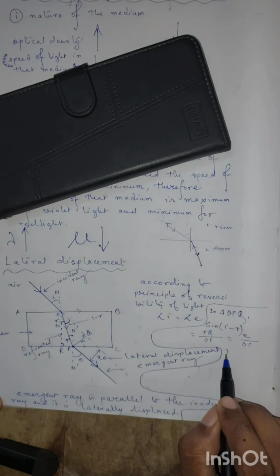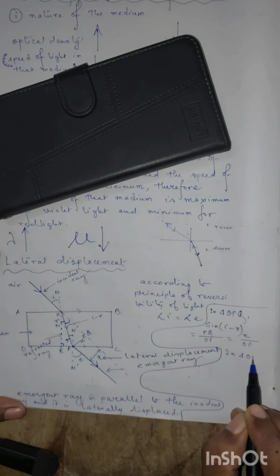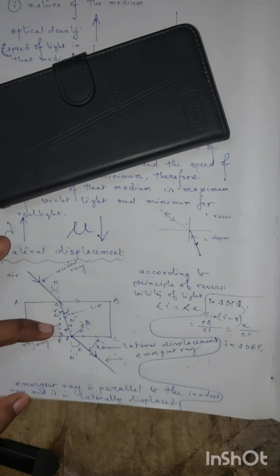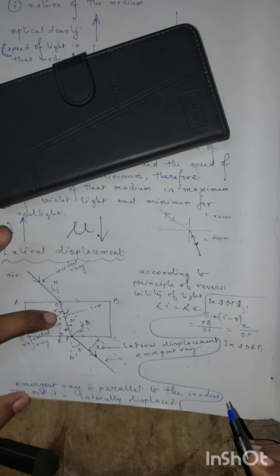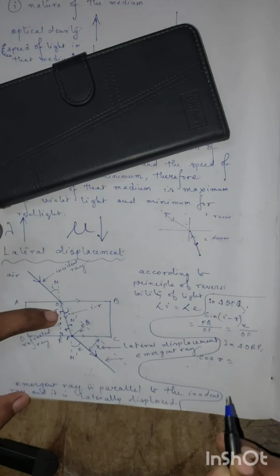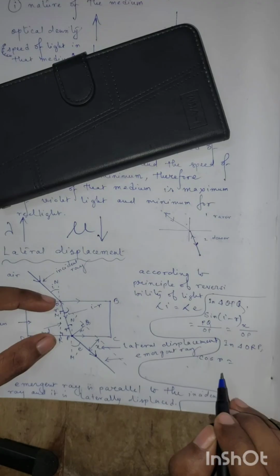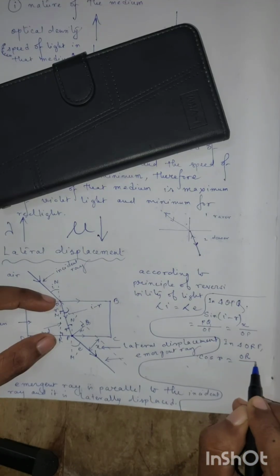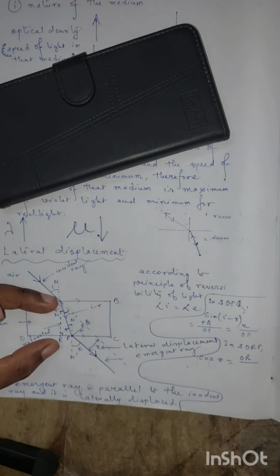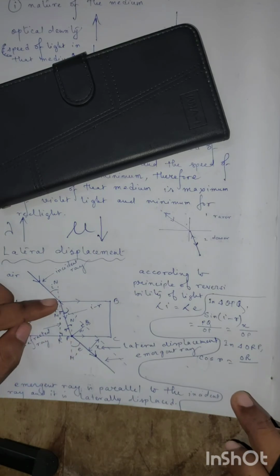Now in triangle ORP, this is also a right angle triangle. In ORP, we can write cos of angle R is equal to base, that means OR, this is the base, the dotted line, by hypotenuse OP.